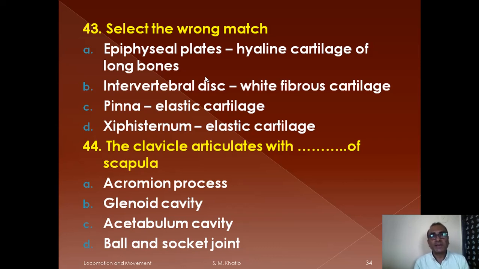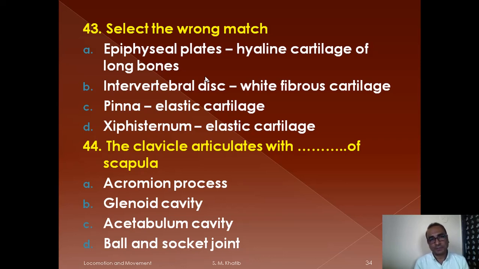So for epiphyseal plates, option A says made up of hyaline cartilage of long bones. B, intervertebral disc, white fibrous cartilage. C, pinna, elastic cartilage. And D, xiphisternum, elastic cartilage. Now, out of these, which one is wrongly matched?